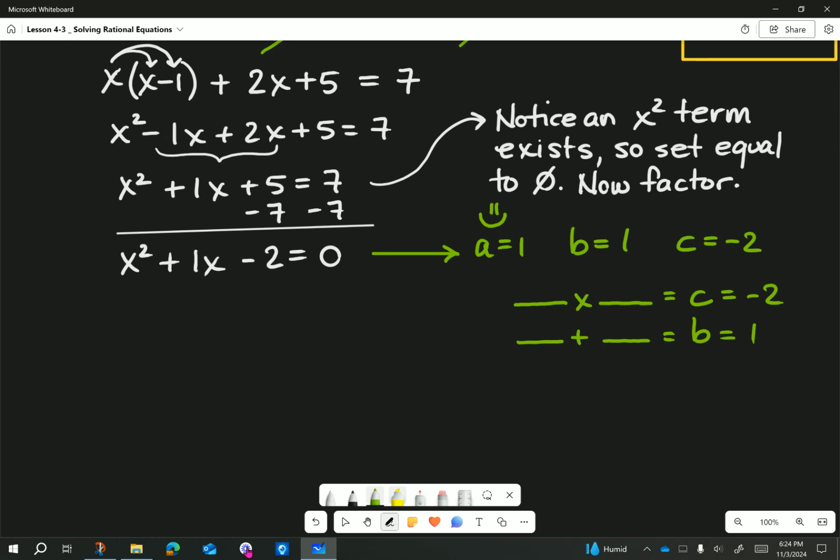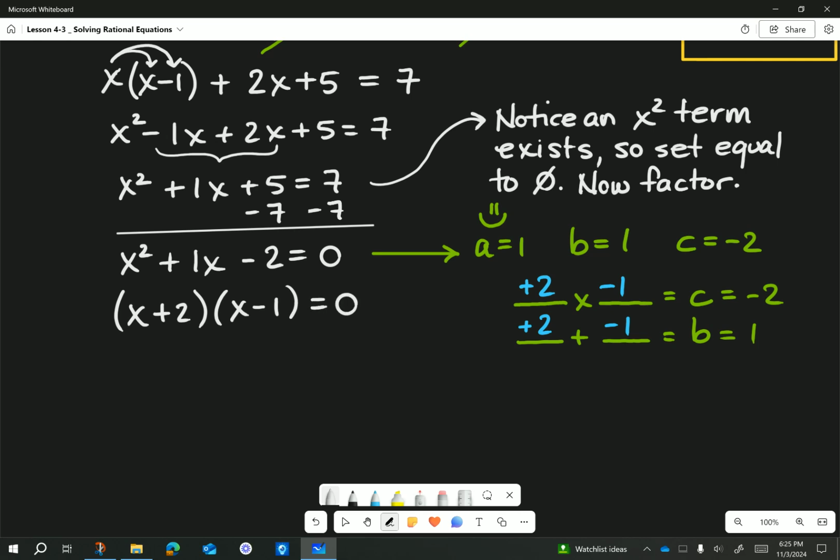So in this case, my answer is going to be what? Well, if you've already guessed it, it's going to be a +2 times a -1. Okay, a +2 and a -1. +2 times -1 is -2. +2 plus a -1 is a +1. So I can come over here, write down my +2 answer and my -1 answer.